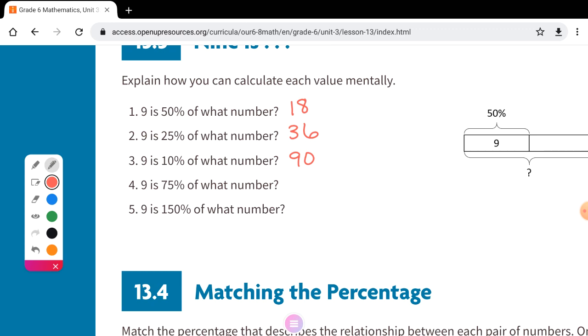75%. Would it be, you get 75 from 25%, right? Yeah. So we're building off this one. Look. Can we build off that one? I know 25% of 36 is 9. 108?